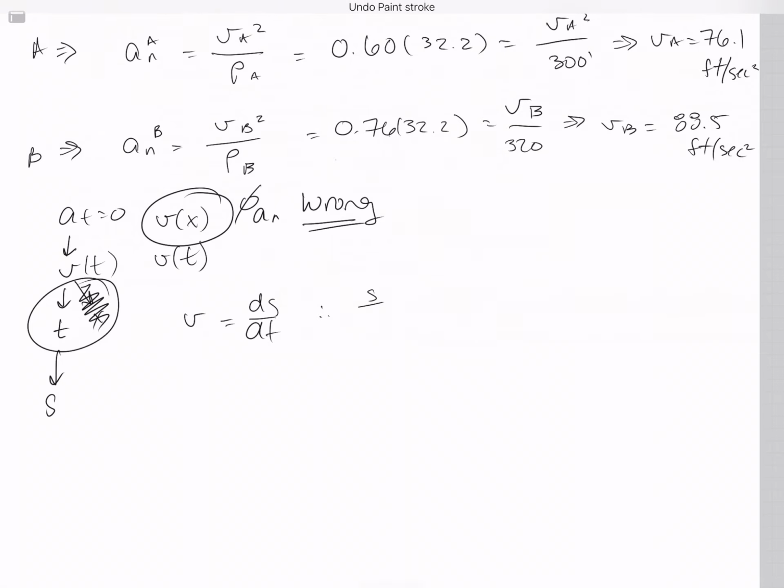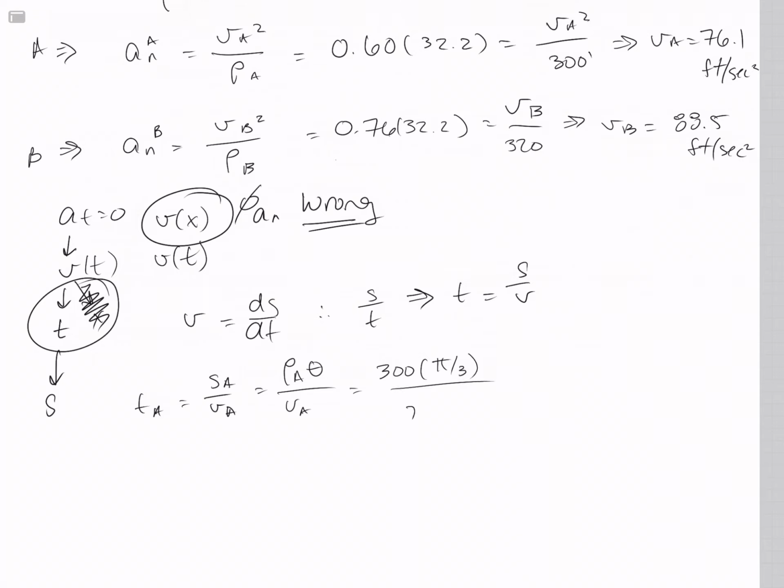So we know that v equals ds/dt, and since there's no change, you can just have it as s over t. And solving for t, it is s over v. So t_A equals s_A over v_A, which is rho theta, converting from radians and theta to the arc length, over v_A.